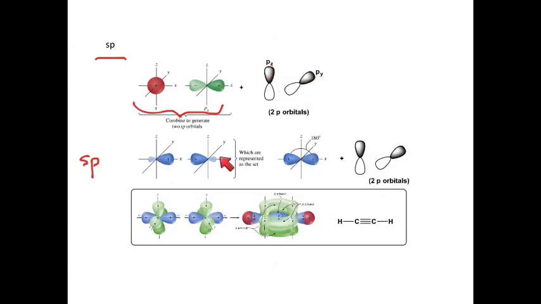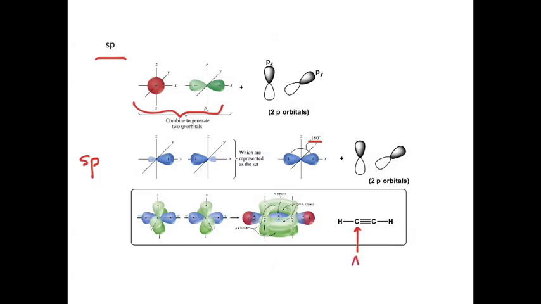So when we overlap our hybridized orbitals here, we now see that the orbitals are in complete opposite directions of each other. So around the center of an sp hybridized orbital, our bond angles are now 180 degrees. So if we look at our molecule acetylene here, we look at our carbon atom. This carbon atom here, again we can use our AX model, is attached to one hydrogen and one carbon.